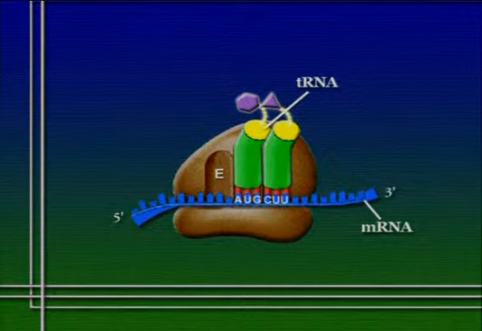So now what we've got is a methionine, the very first amino acid, and next to it, whatever other amino acid should be added. Let's say it's a leucine. And they're juxtaposed next to each other because the tRNAs are juxtaposed next to each other on these binding sites, the P binding site and the A binding site.